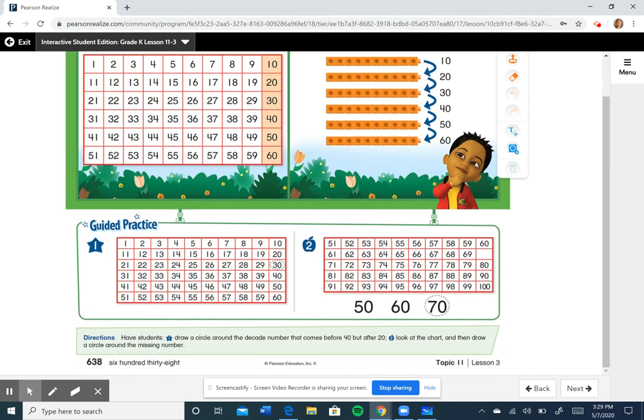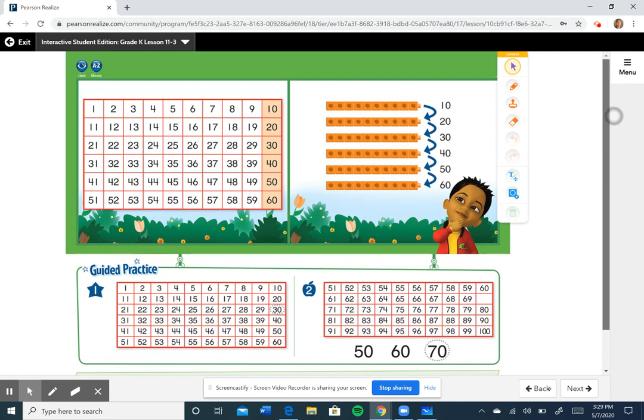Very good. So now, number 1, it says draw a circle around the decade number that comes before 40 and after 20. So we need to listen now. Make sure our listening ears are on. If they're not, make sure you turn them on. Ready? Perfect.